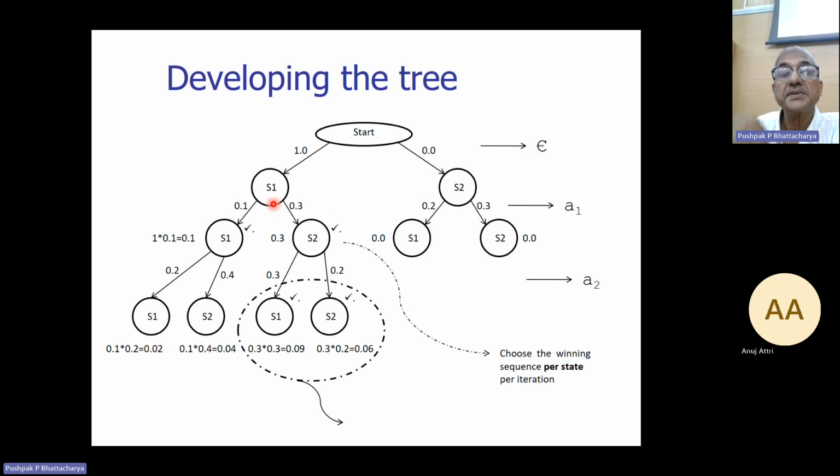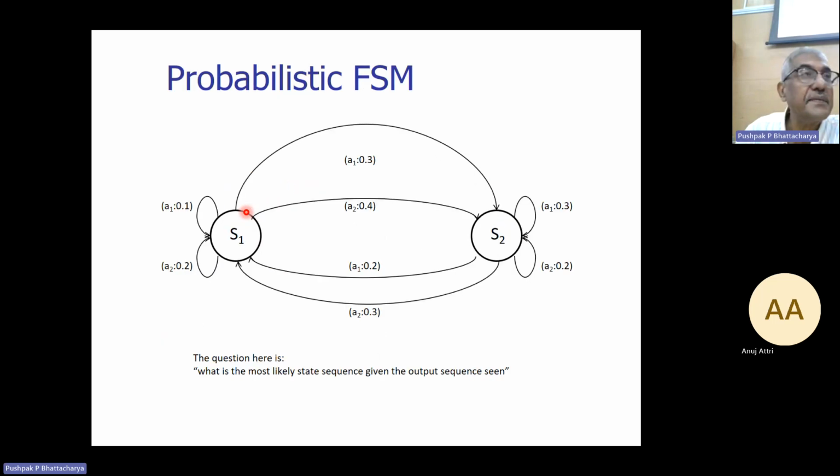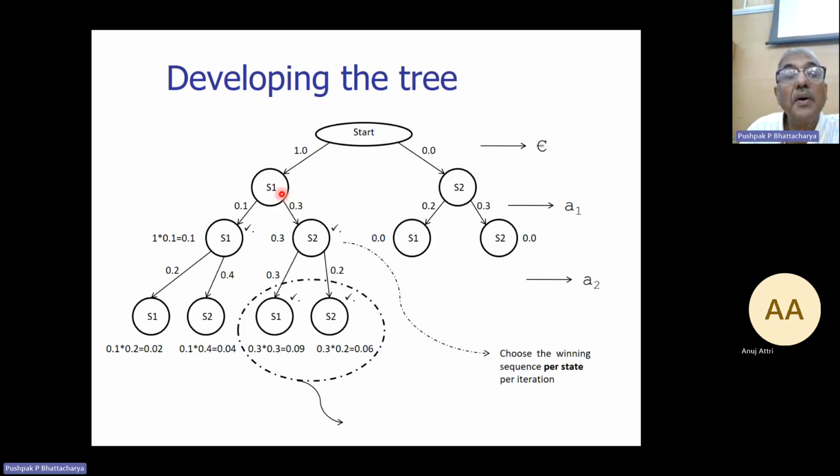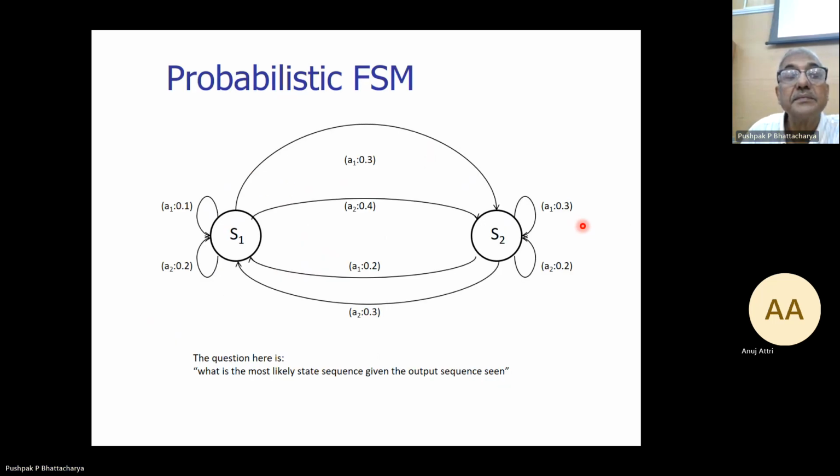What happens in S1? In S1, I observe A1 and I go from S1 to state S1 with observation A1 with 0.1. That was given in the FSM itself. S1 to S1 with A1 0.1. I go from S1 to S2 with observation A1 with probability 0.3.